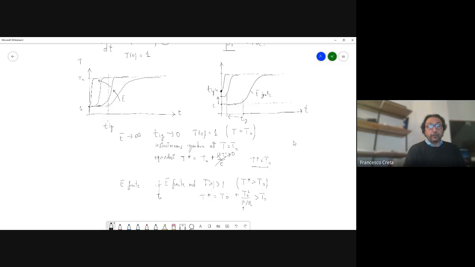Again, let me remind you that we're still considering the ignition time to be brought to 0. We're drawing a parallel here. This adiabatic system always ignites, but it ignites in a certain finite time. So if you bring that time to 0, in some sense, you're shrinking this boundary layer to 0.